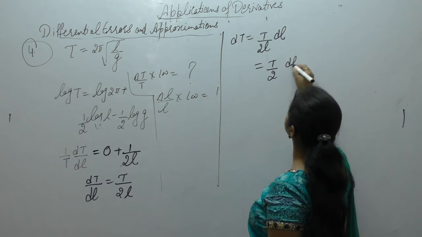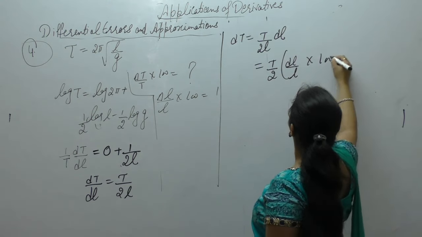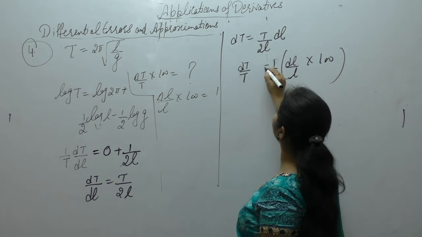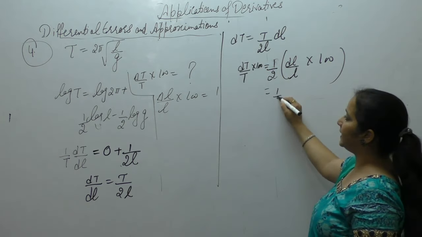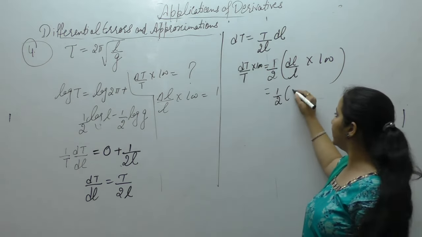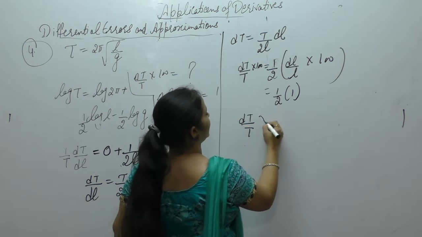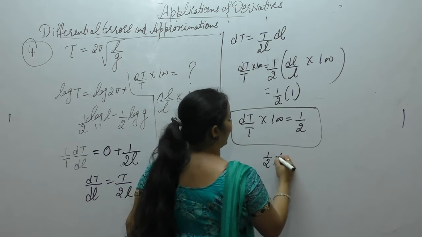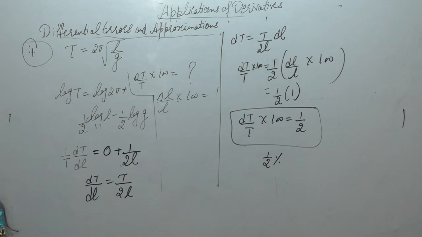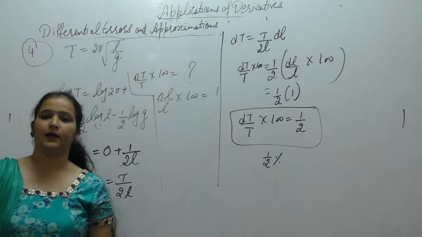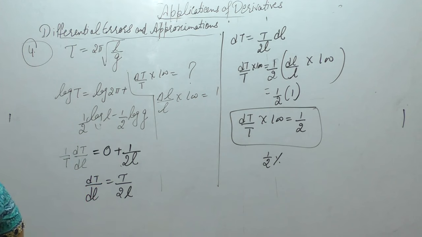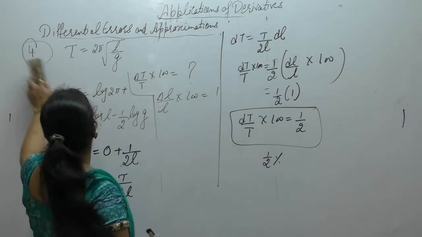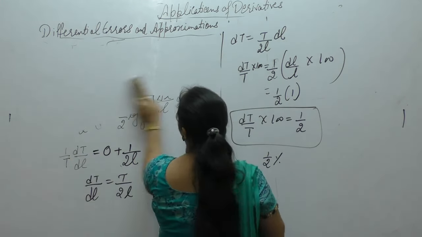So we can write it as dl upon L. This T goes on this side. dt upon T multiplied by 100 both sides. dl upon L into 100 is 1. So we get dt upon T multiplied by 100 is 1 by 2. So 1 by 2%. Write down, there is 1 by 2% error in calculating the time period T.